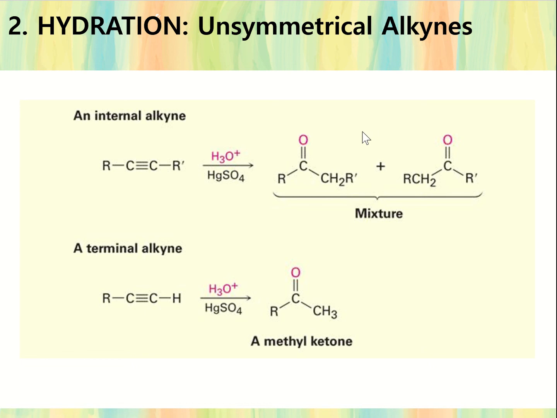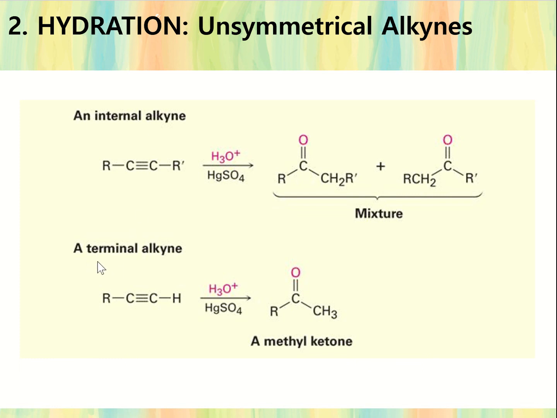We'll have hydration. And essentially what we're seeing here is that you can get a mixture of products. So you can have the carbonyl on this carbon, as well as you can have the carbonyl on this carbon.